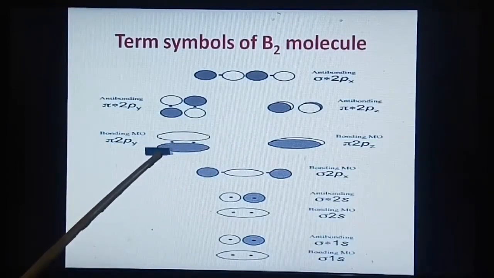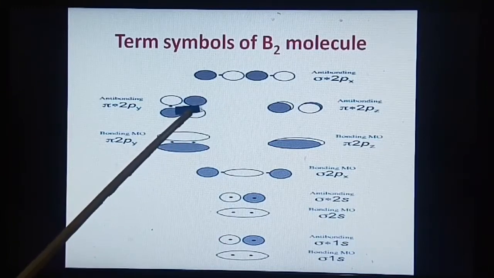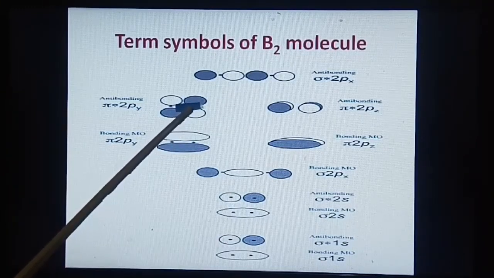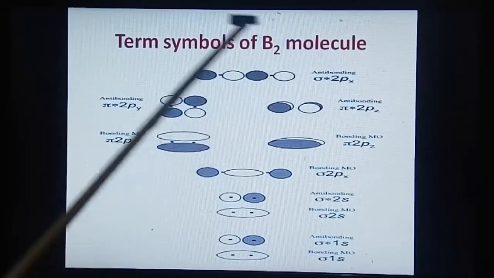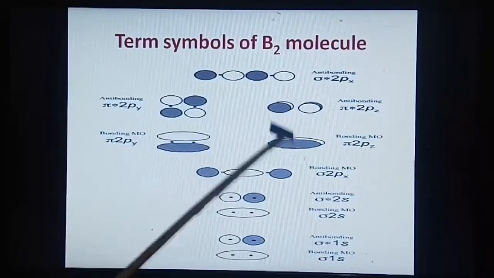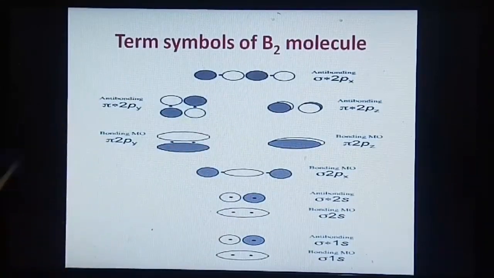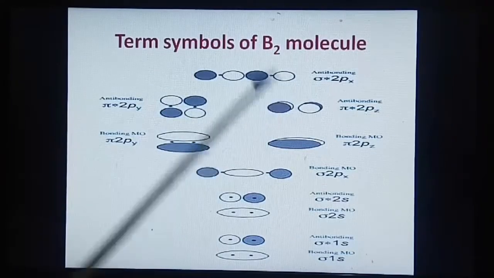So in the B2 molecule the symmetry will be minus. Similarly in O2, when electrons are present in this and this, the symmetry will be minus. So only in B2 or O2 the symmetry will be minus, and in all other sigma orbitals the symmetry is plus.